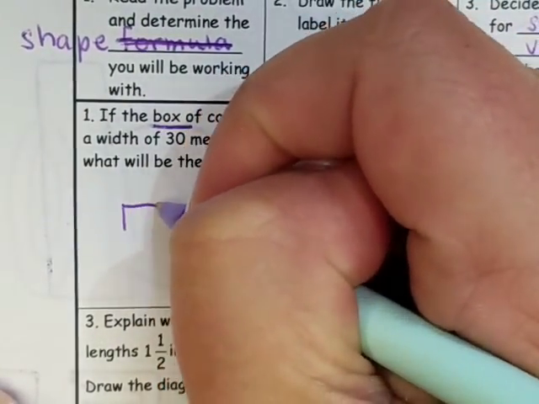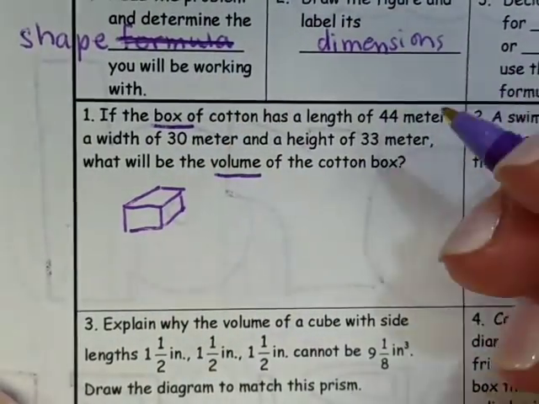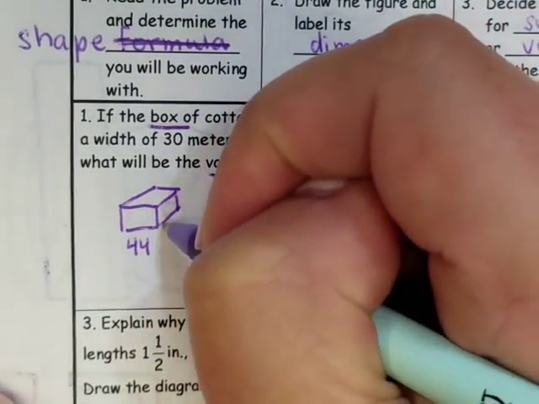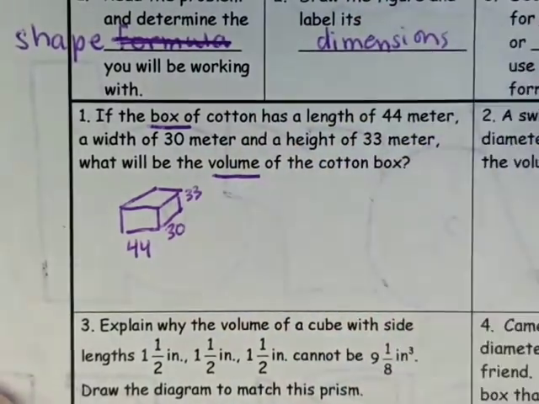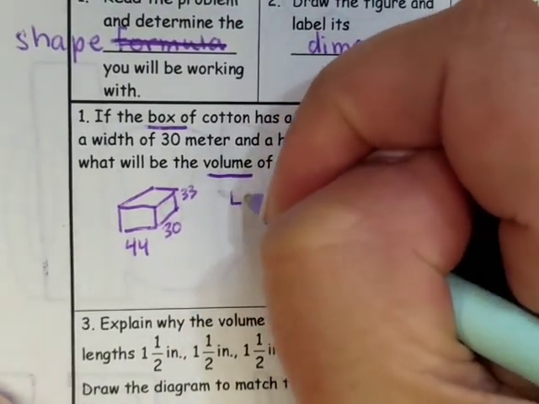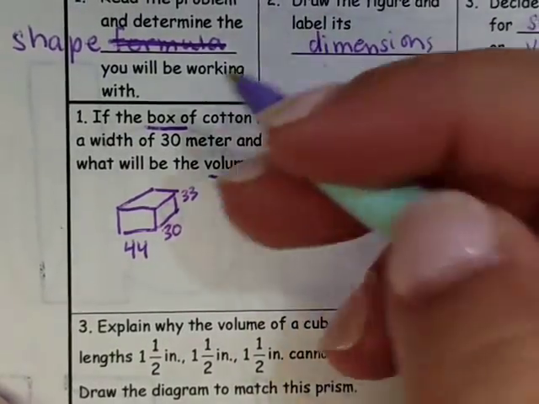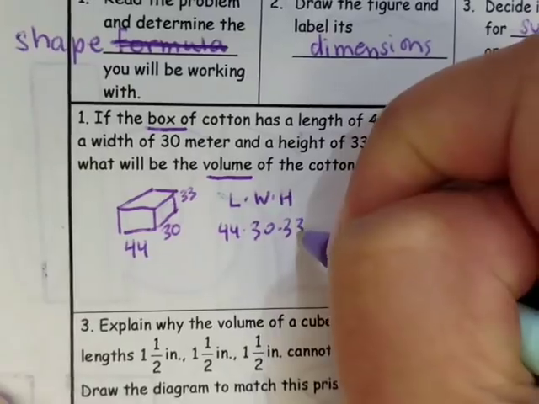So I like to draw the picture. I just do a quick little visual right here. And then I'm going to just label it. And with a rectangular prism, the labels actually don't really matter where you put them because you know that you're just going to do length times width times height. And multiplication has a commutative property, so I can just put them in pretty much in any order I like. So 44 times 30 times 33.